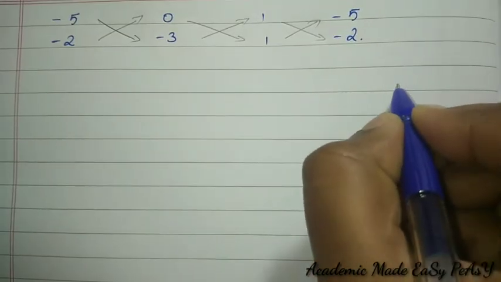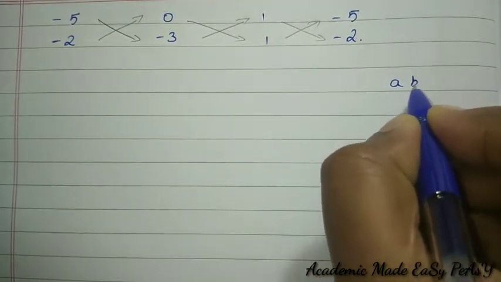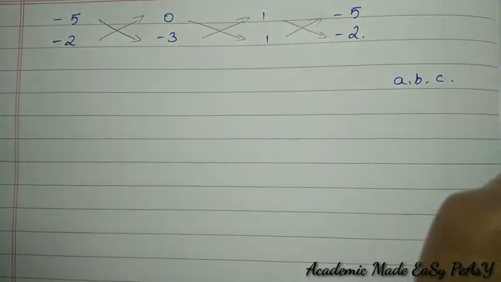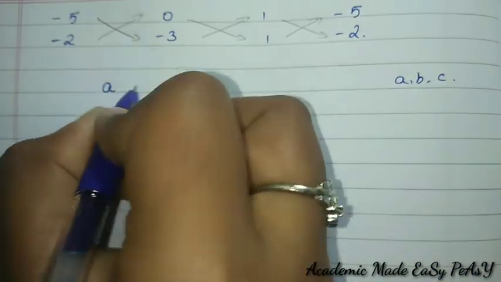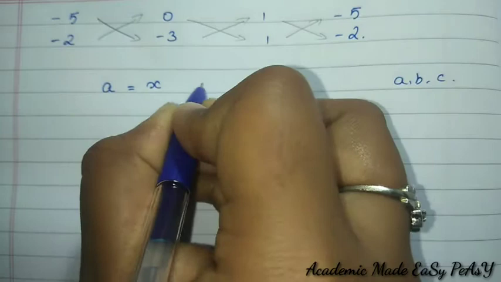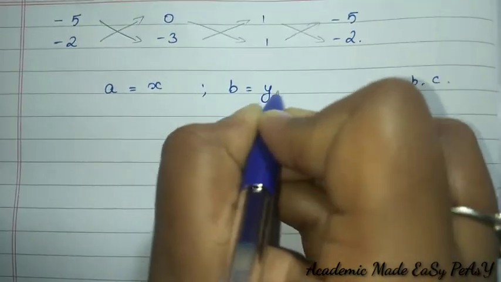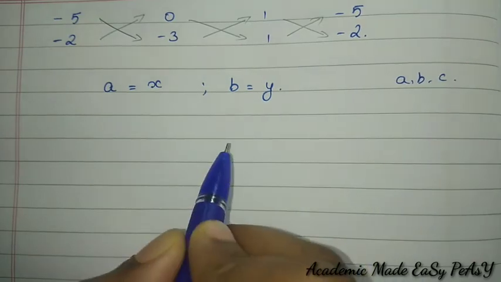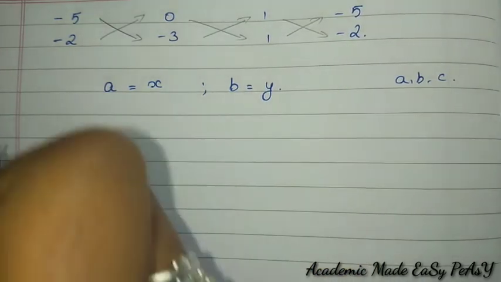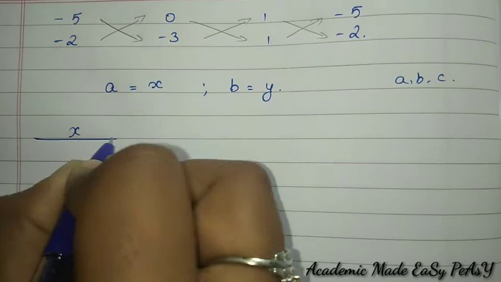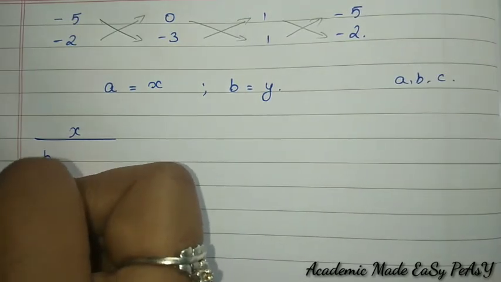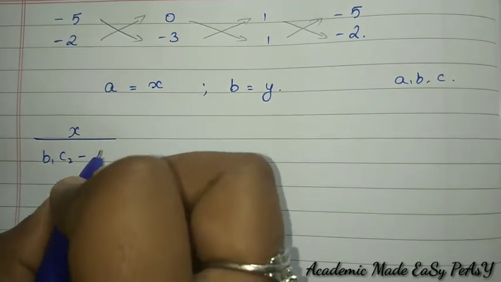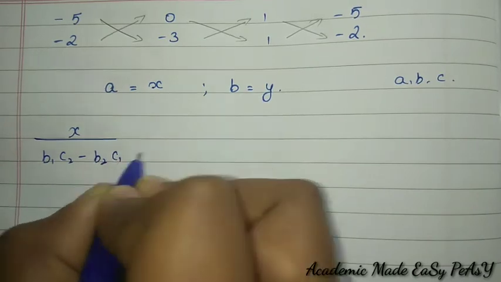My denominator will be in terms of a, b, c. So let me take my a as x. So a is equal to x and b is equal to y for the time being, so that I will not get confused while writing it in the denominator. We have the formula as x by b1 c2 minus b2 c1.